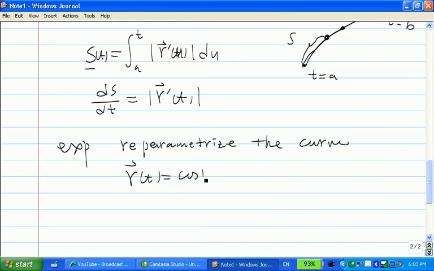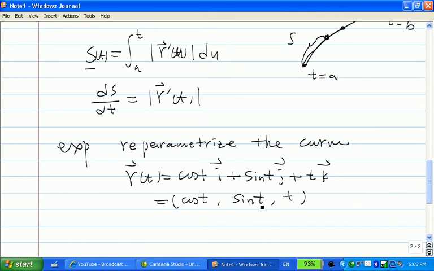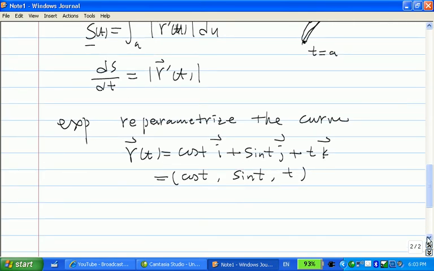This is cosine t i plus sine t j plus t k, or you use a triple to describe this vector: cosine t, sine t, and t. I prefer to use the triple, it's simpler to write.